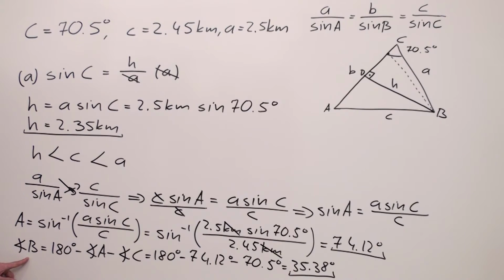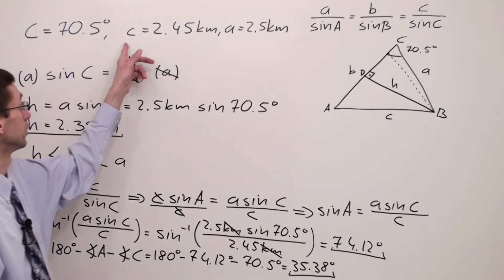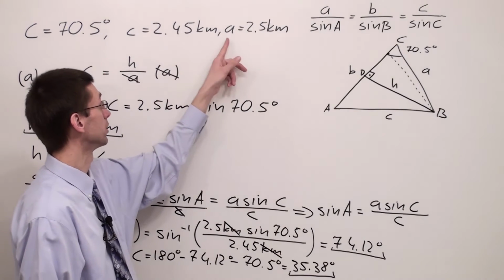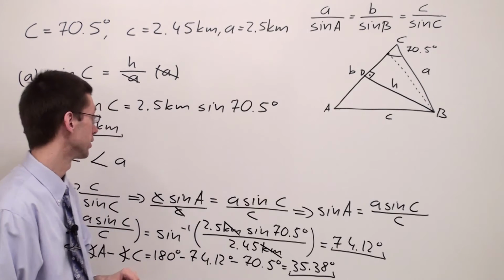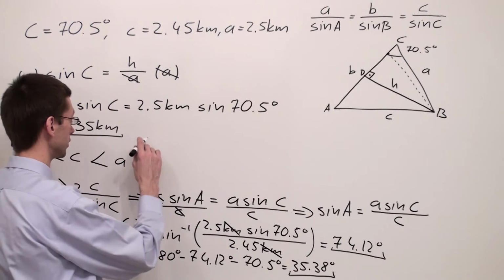Next, we're supposed to find side B, because we have been given two sides, side C and side A. I'm going to use this space over here.